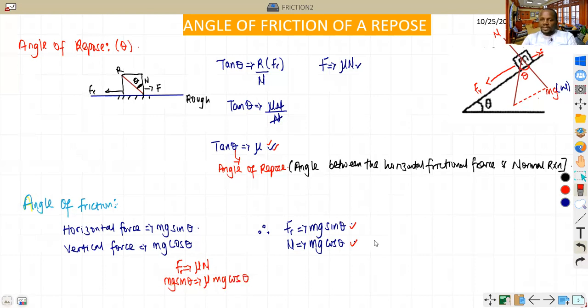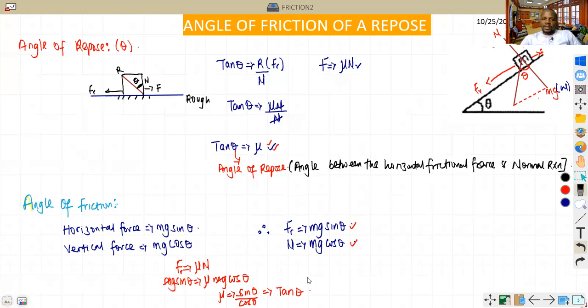What happened? mg gets cancelled out. Making use of the formula, you have mu is now equal to sine theta over cos theta, which is equal to what? Tan theta.